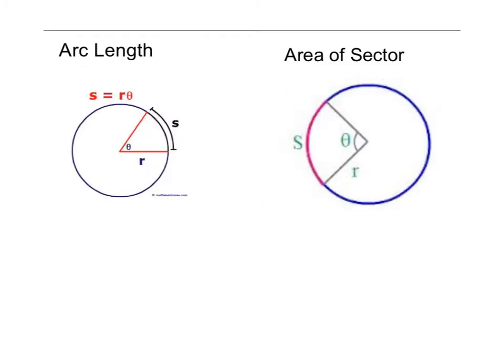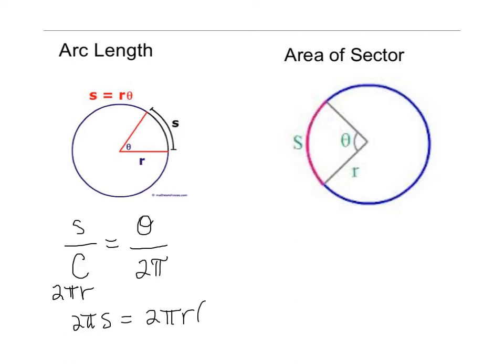To find the arc length, you would use a proportion. You would say that the length of the arc to the circumference is equal to the measure of the angle to all the way around. When you put in the circumference and solve, you would have 2 pi s is equal to 2 pi r theta.